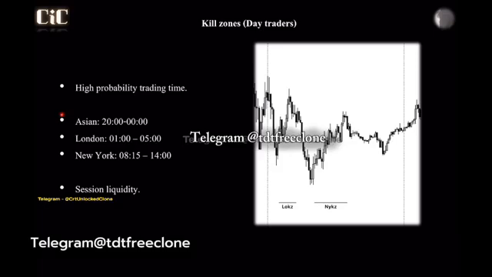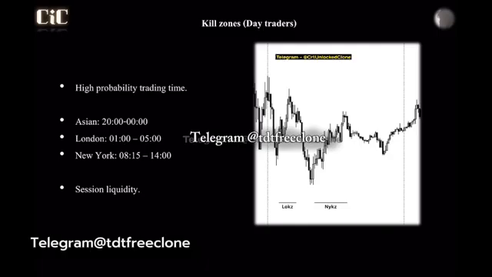We have three main ones: the Asian session, which we usually leave and don't trade. We watch what the Asian does in order to anticipate London. The Asian session is 8 p.m. to midnight New York time. Whenever we talk about the algorithm, we're talking about New York time.